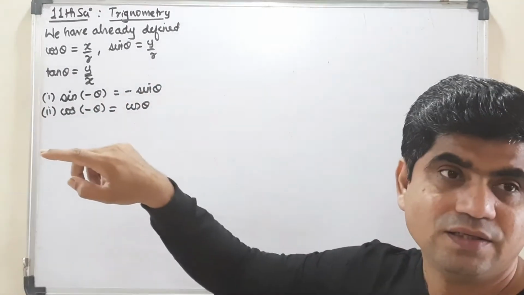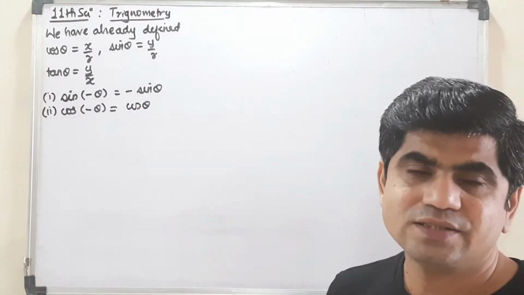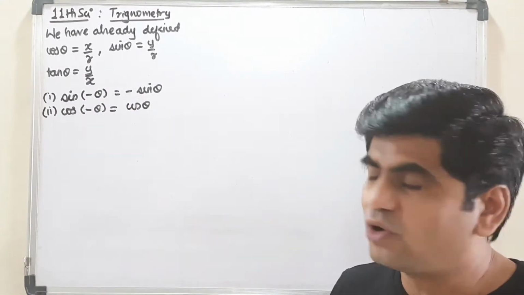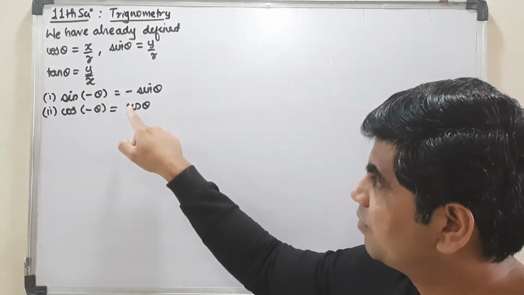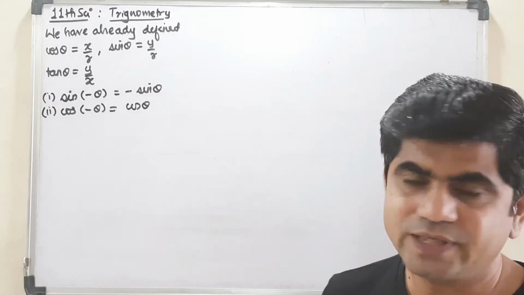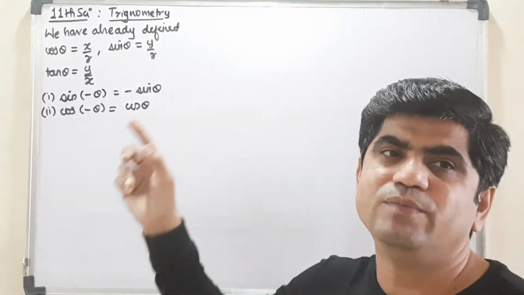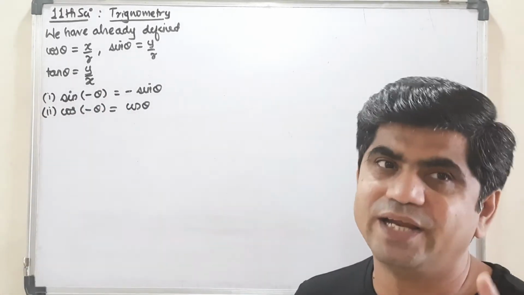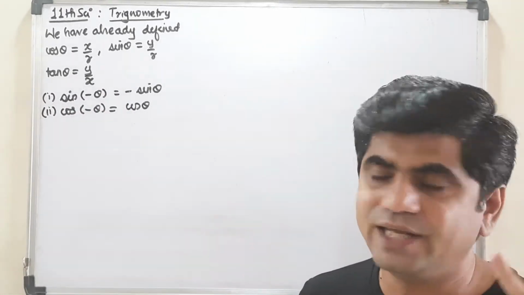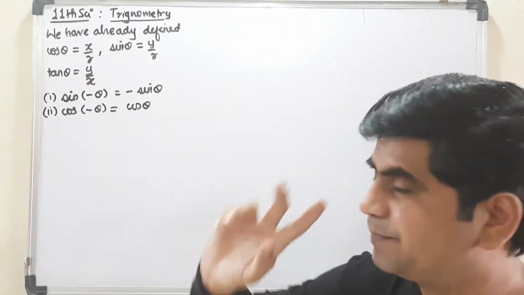But cos minus theta, the ratio of cos of a negative angle, is the same as the ratio of cos of the positive angle. That is, cos minus theta is equal to cos theta, but sine minus theta is equal to minus sine theta, indicating that tan minus theta will become negative, because tan is the derived form of sine and cos, one positive, one negative.